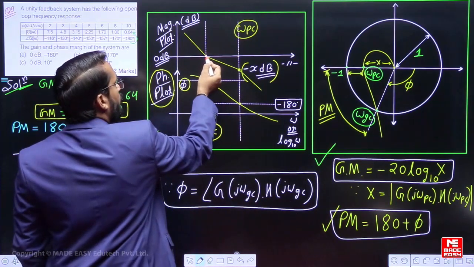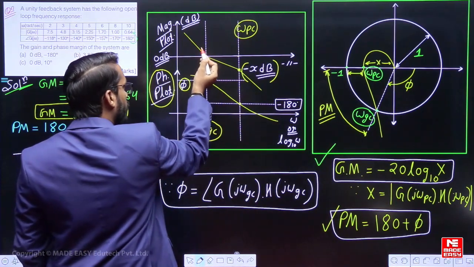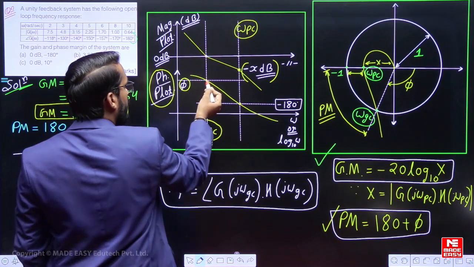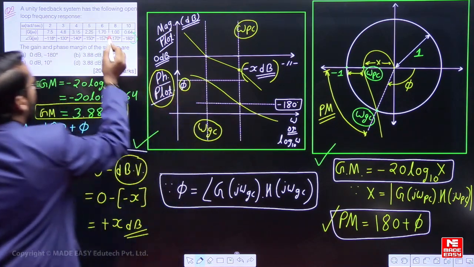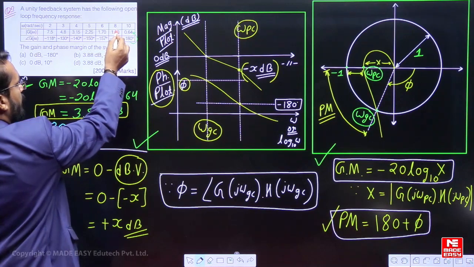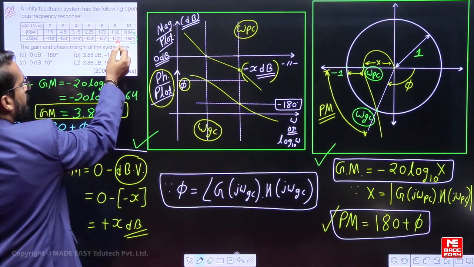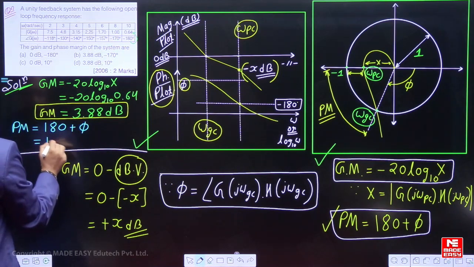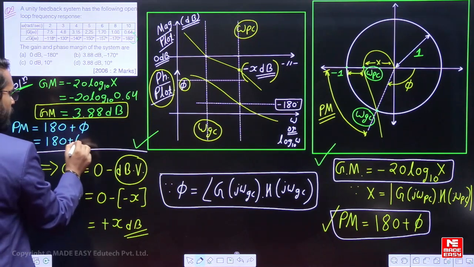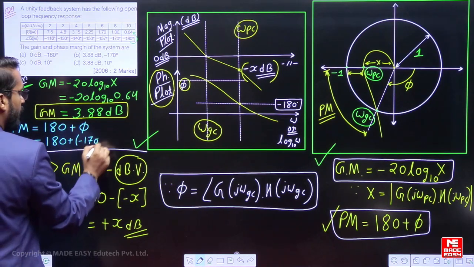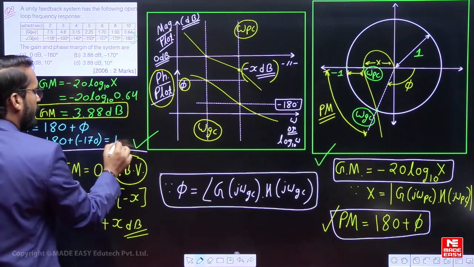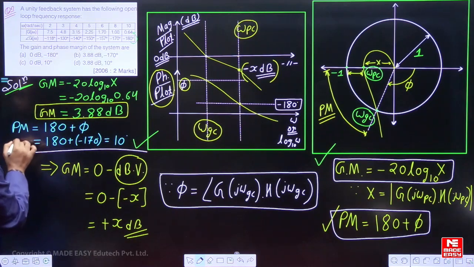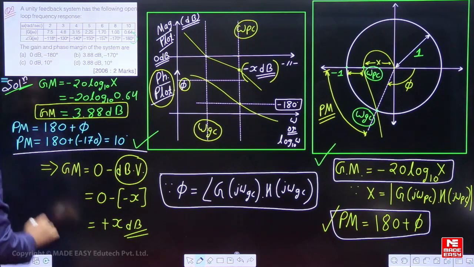Whenever there is the magnitude 0 dB, the actual magnitude is 1 at that particular instant. Wherever the magnitude is equal to 1, at that instant phi is minus 170 degrees, clearly given to us. So in place of phi, I am directly writing minus 170 degrees. So we are getting 10 degrees, which is the phase margin.